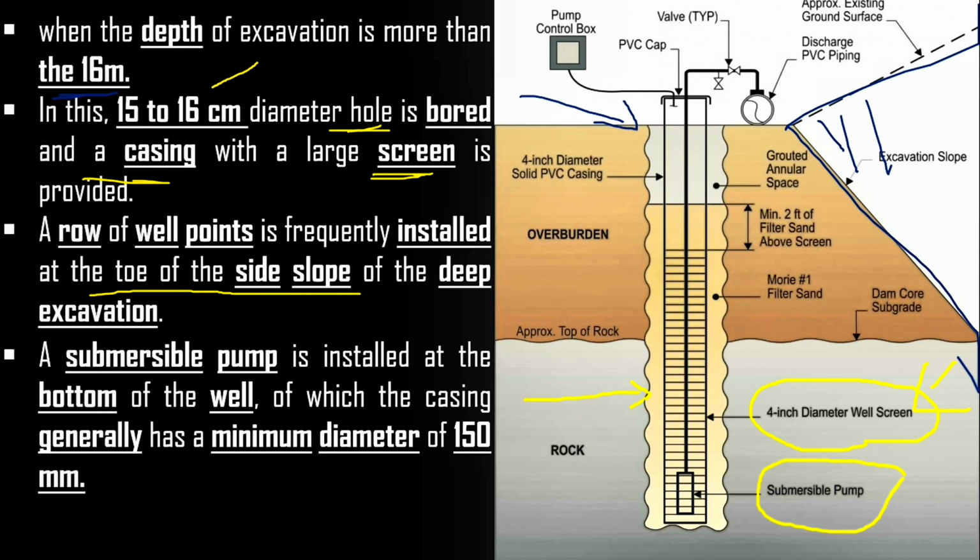Okay. Then a submersible pump is installed at the bottom of the well, where the casing is generally provided with a minimum diameter of 150 mm, that means 15 centimeter. So what is the actual process? The submersible pump starts to pump the water.